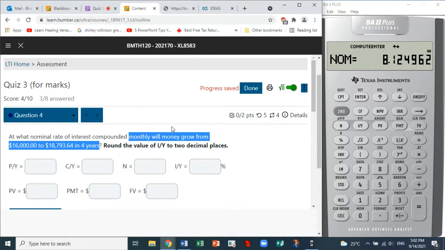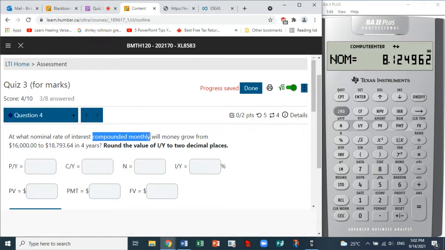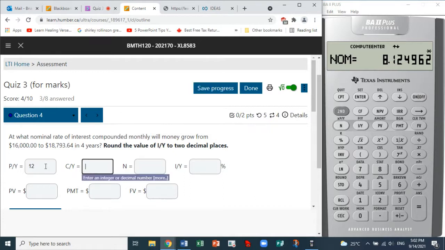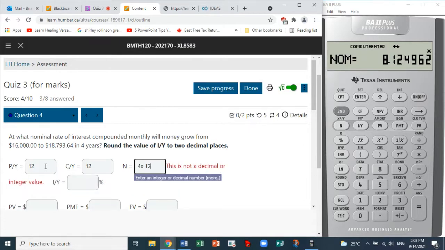Okay, all right, so it's compounded monthly. Remember, compound interest, compounded monthly. So PY and CY are the same value. So both are 12. All right, for 4 years, it would be 4 times 12, which would give us, yes, 48.